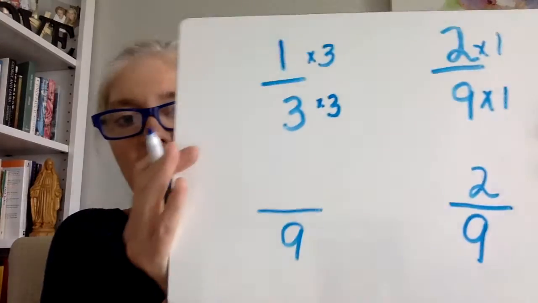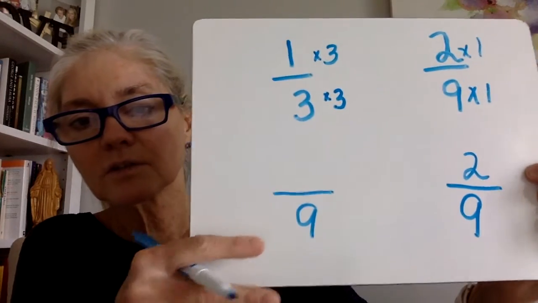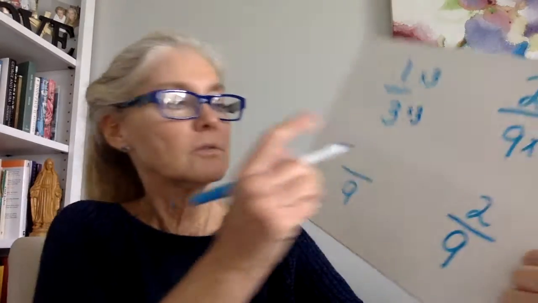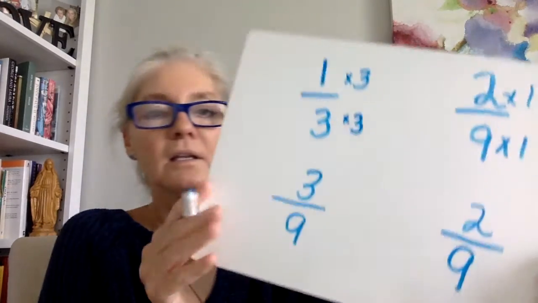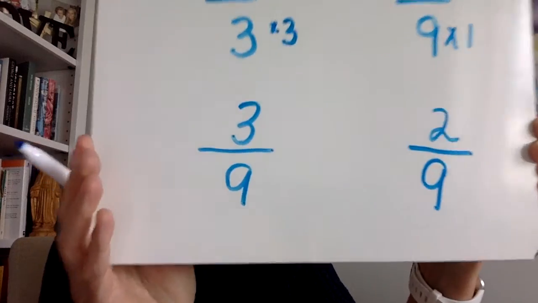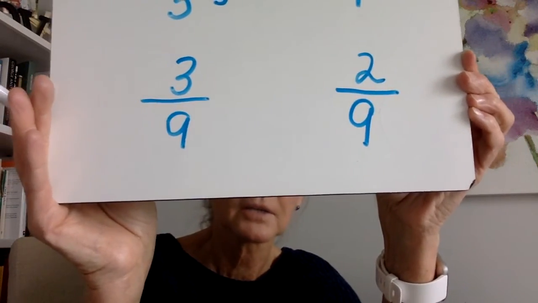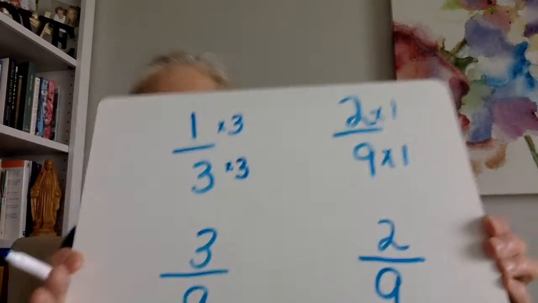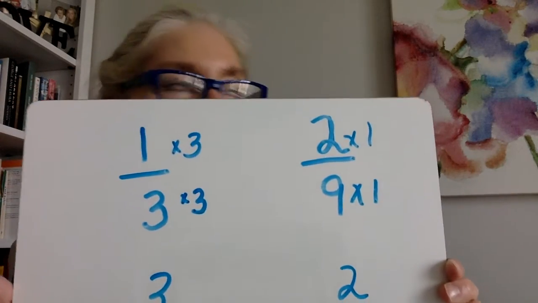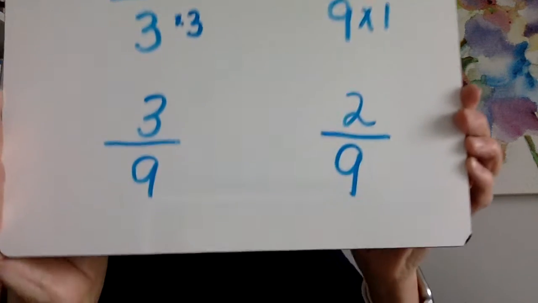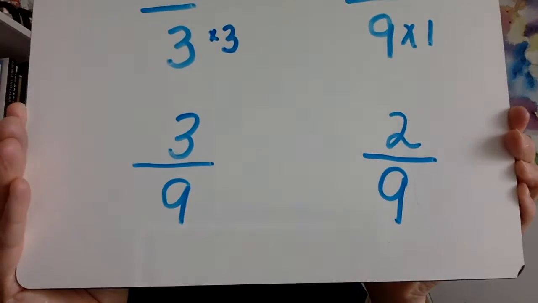So now we have 3 times 3 is 9, and that's what gave us our new denominator. 1 times 3 is 3, and that will give us our new numerator. Now look at those. Aren't those easier to compare? 3/9 and 2/9? 1/3 and 2/9, it was hard to decide. 3/9 and 2/9 is not hard to decide.